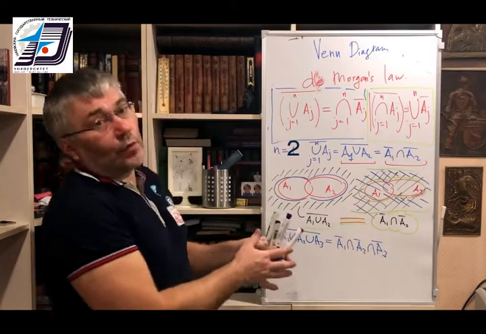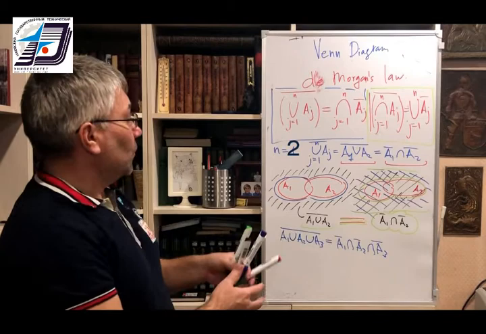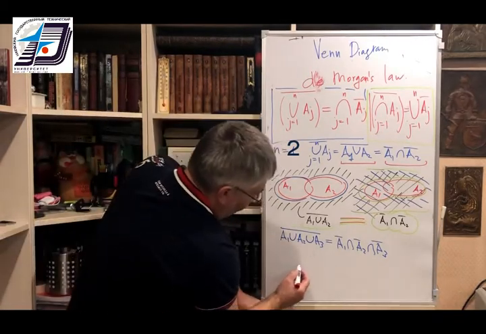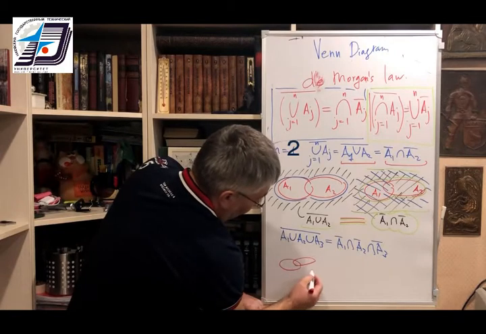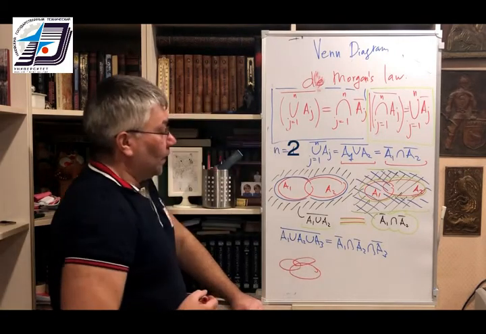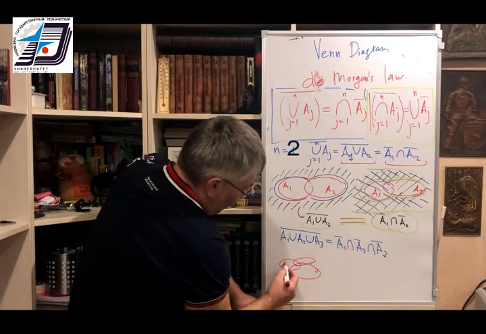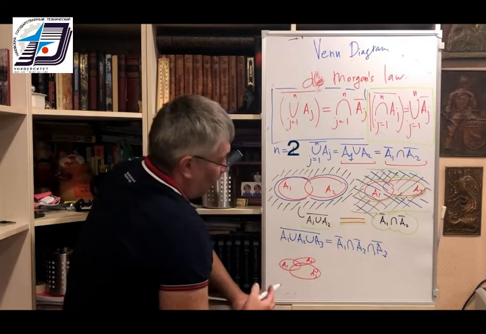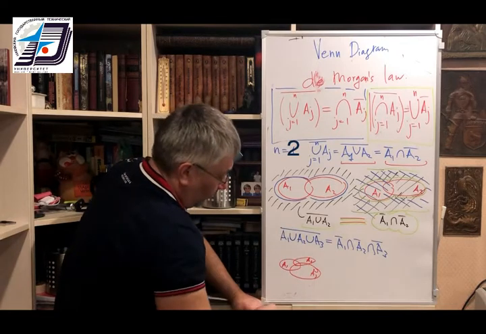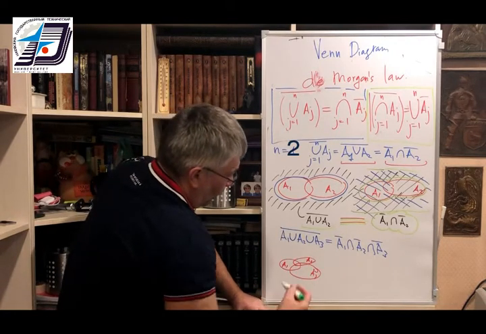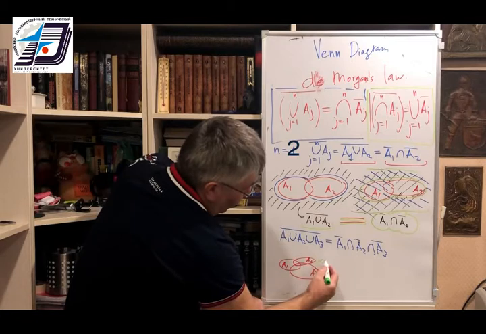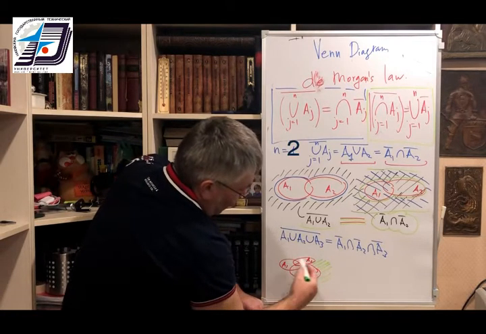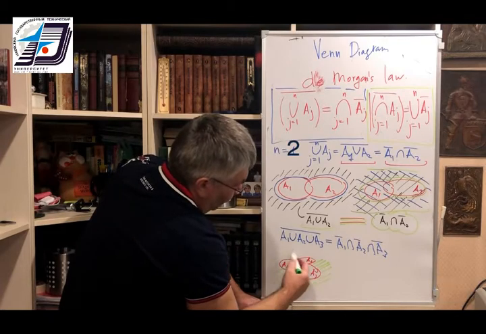We can use the same approach. So we have here three sets, A1, A2, A3, and the negation of them is stretching beyond this red area, this green one.